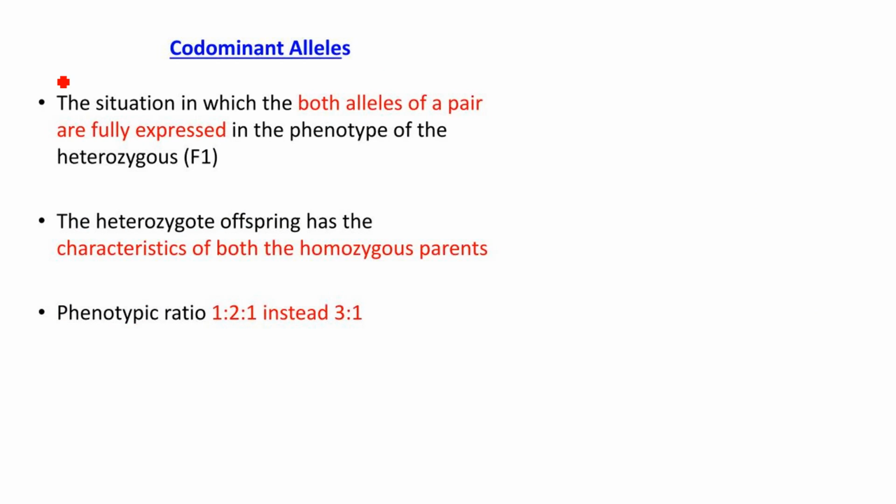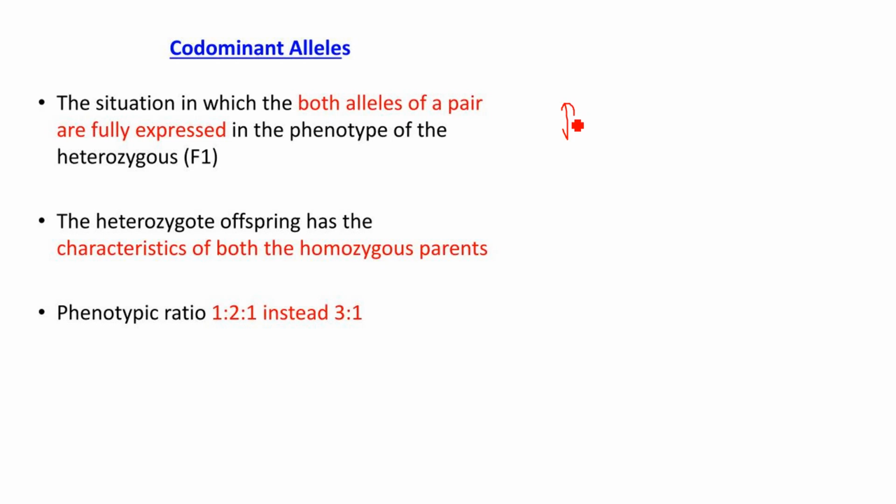There are two types of coat color of cattle. One with the red coat, red skin, and the other with the white coat, that is the white hair. So when the red cattle, capital R, crosses with the white cattle, we are taking the coat color in case of cattle.